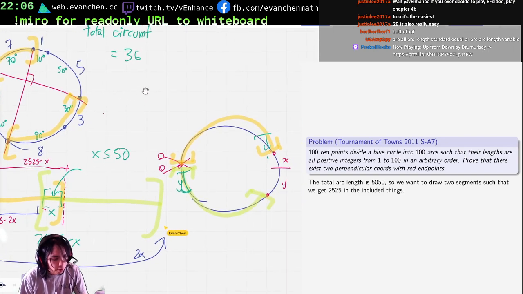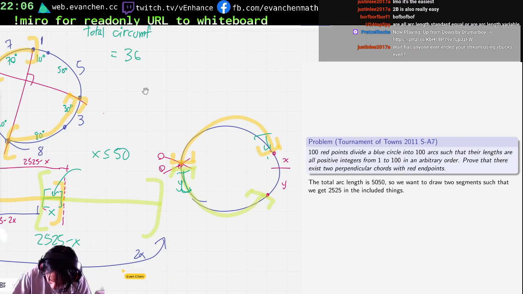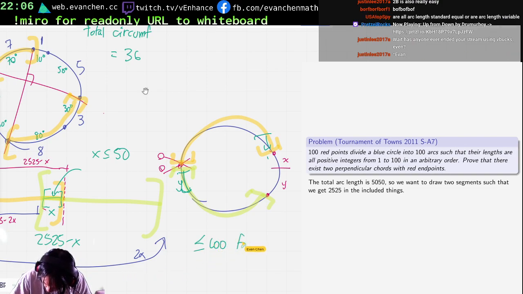And so now there's at most 100 failures, but there are... there's 100 intervals, right?